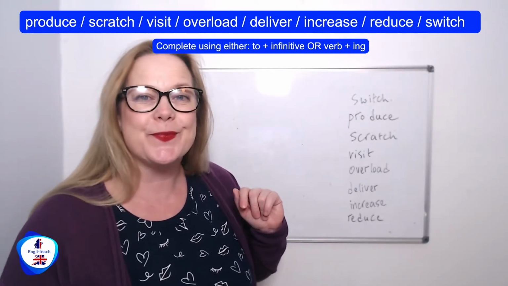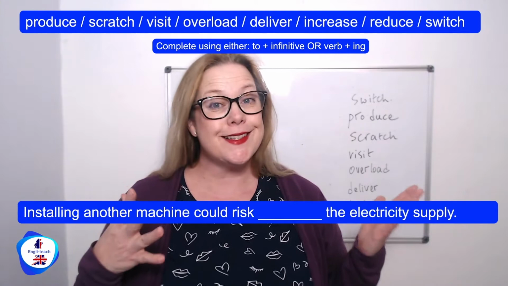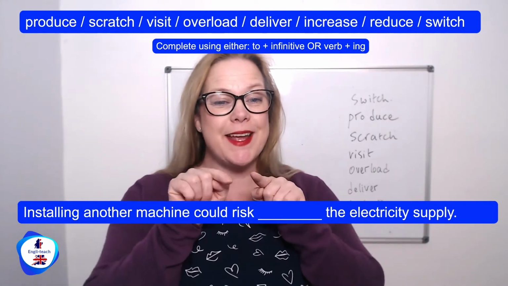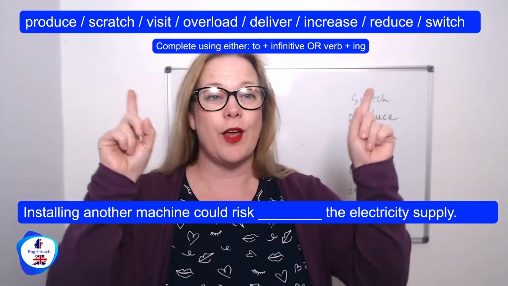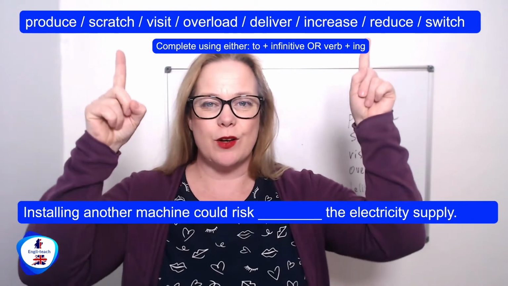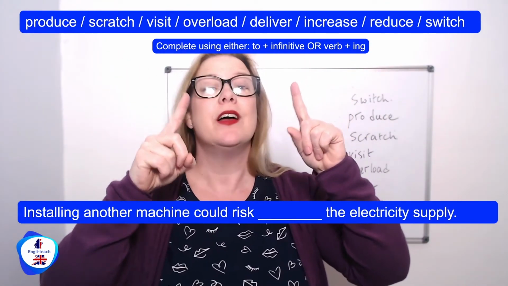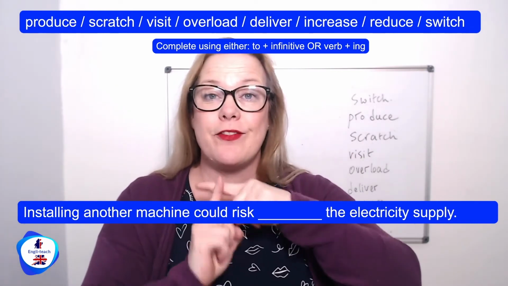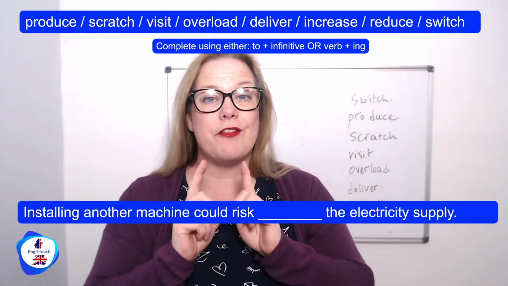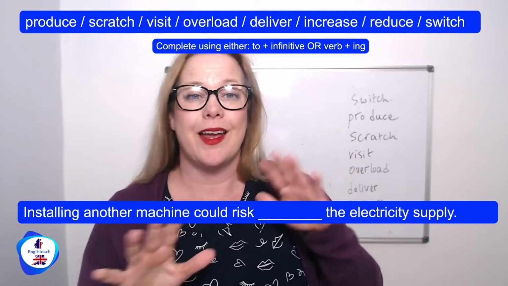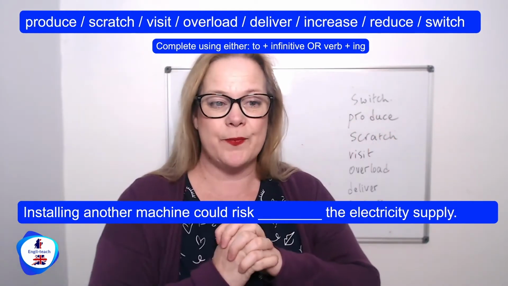Let's go. So your first sentence with a little space here for you to complete with one of these words along the top, and don't forget we're using the choice of to plus the infinitive or the verb plus the -ing. It's one or the other.